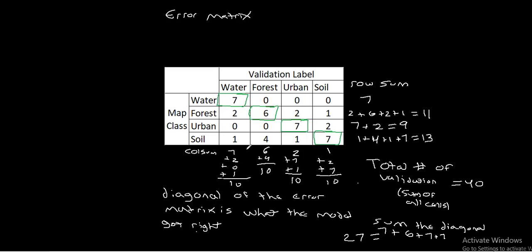But what do the row sums and column sums mean? Well, the row sums, this is the number of times the map was classified.